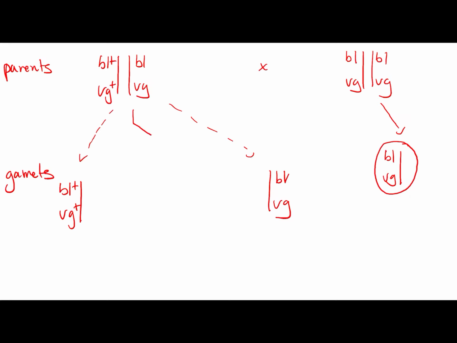But you're also going to get a little bit of crossing over taking place. And here's showing a chiasmata forming. And then we swap over the alleles. And so these will produce these.